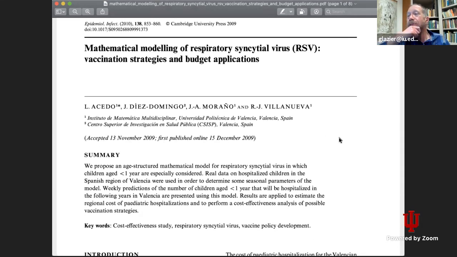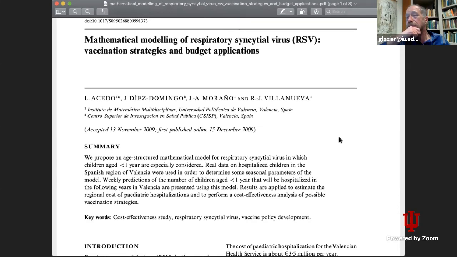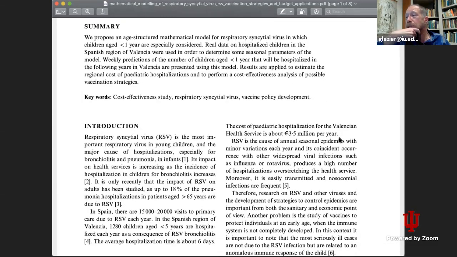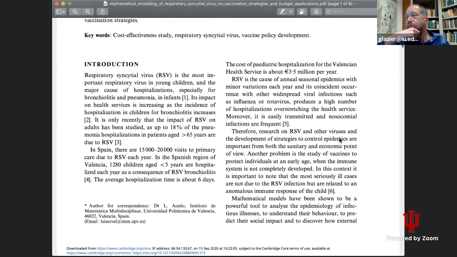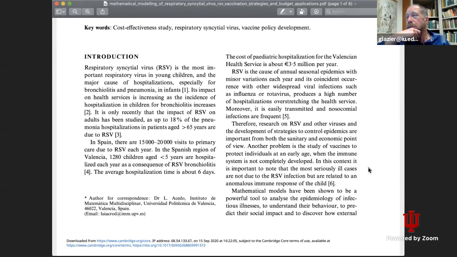Okay, so it's an age structured model. Can we scroll down a little bit? Let's see.